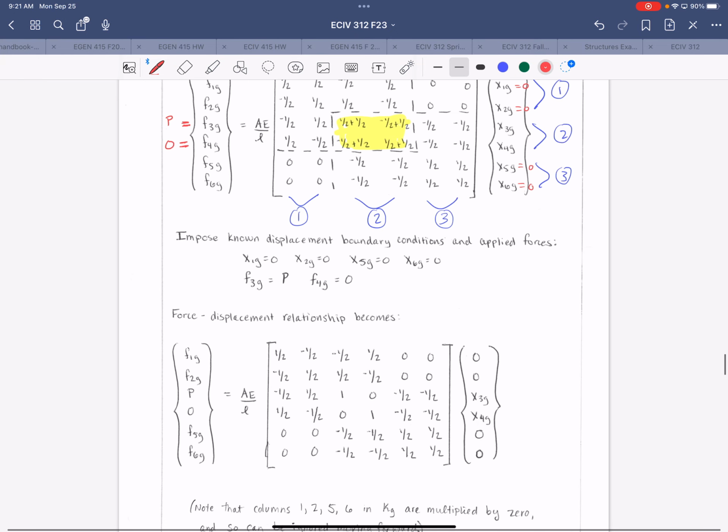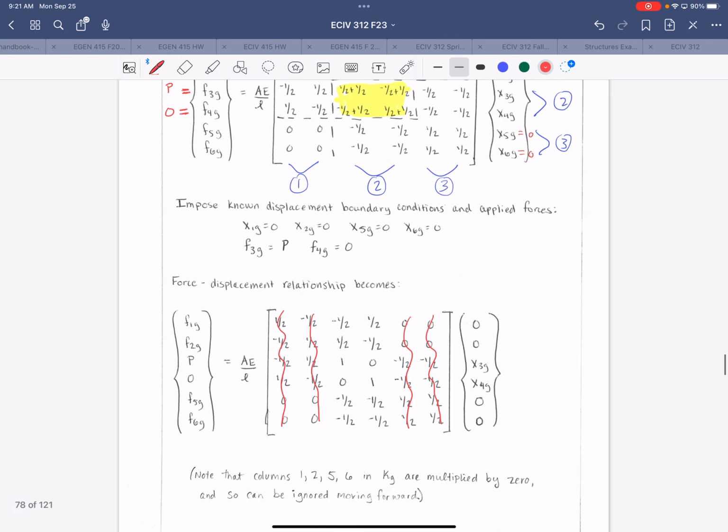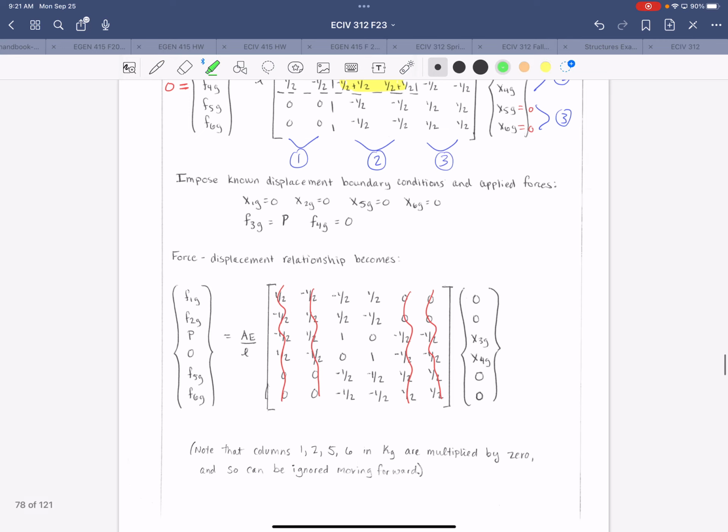That's just rewritten below for convenience. That means we can eliminate the first 2 columns and the last 2 columns from our analysis, because those values are just going to get multiplied by 0 in the matrix equation. Then we identify our first partition, which has the rows with known forces, so rows 3 and 4, and those get multiplied by X3G and X4G.